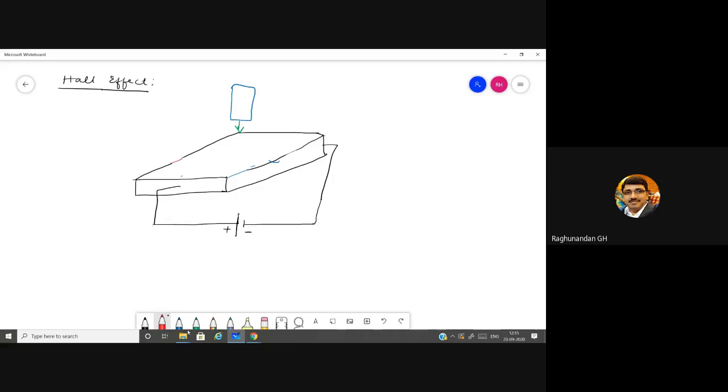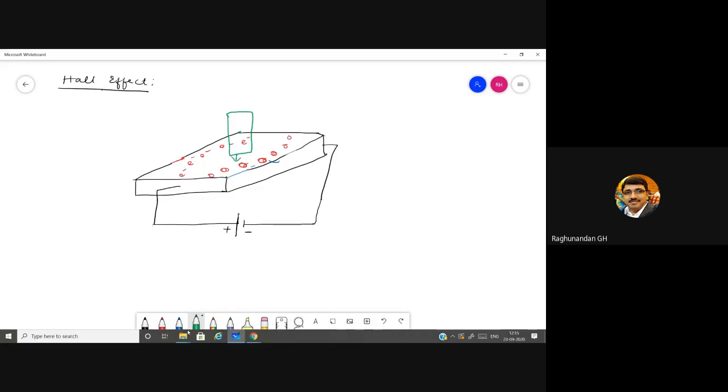So now what happens, the electrons... These are all the holes. Okay, so in this figure, what you are observing, I'm going to bring this magnetic bar here, magnetic bar at the center.